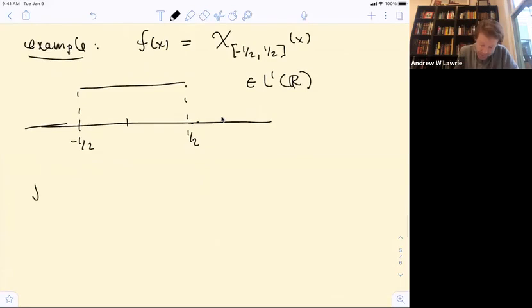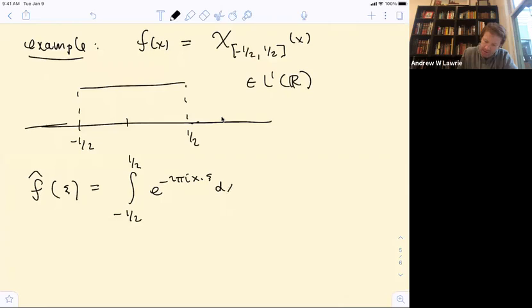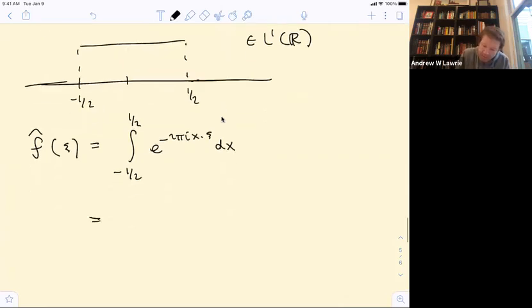But what's its Fourier transform? So f hat of xi is equal to the integral, well, it's just supported on minus 1/2 to 1/2, of e to the minus 2 pi i x xi dx. Well, I know how to integrate this function.